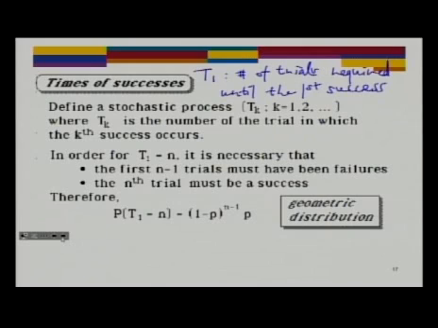In other words, that is the time of the first success. Then this t sub 1 is said to be a geometric random variable with parameter p. So t sub 1 follows a geometric distribution with parameter p. Again, p is the probability of being a success.